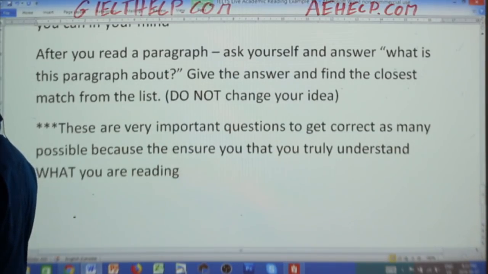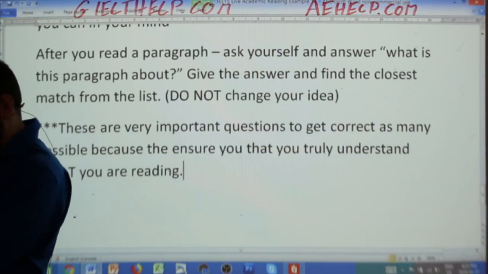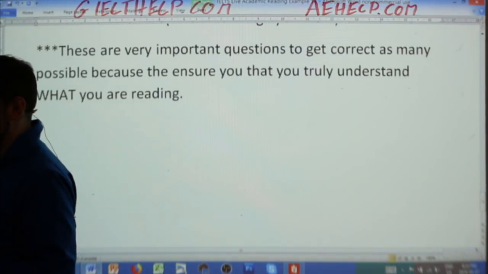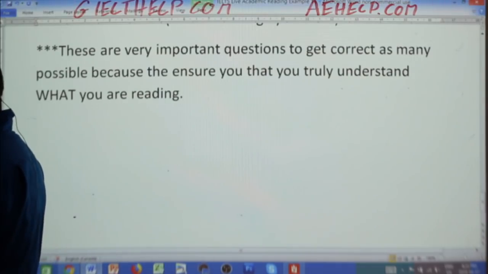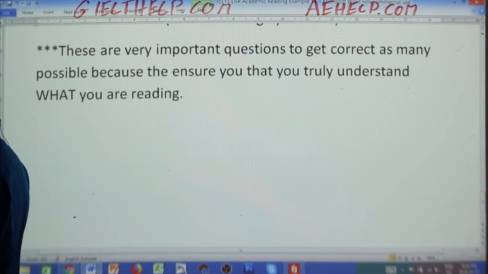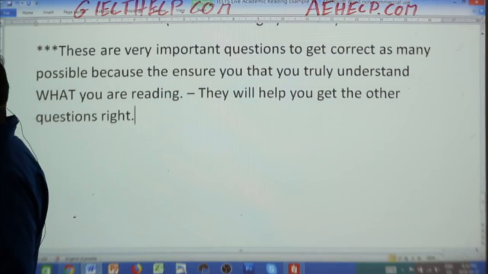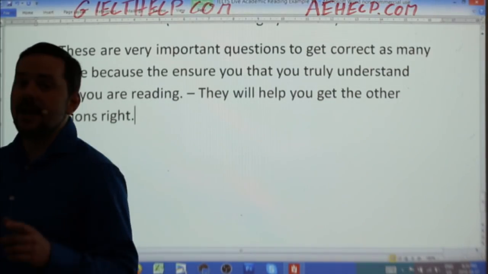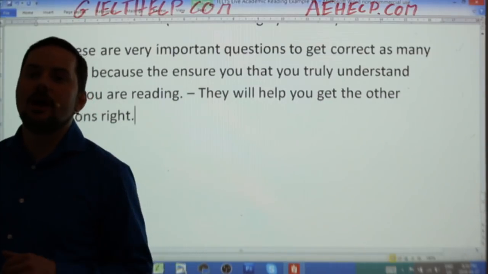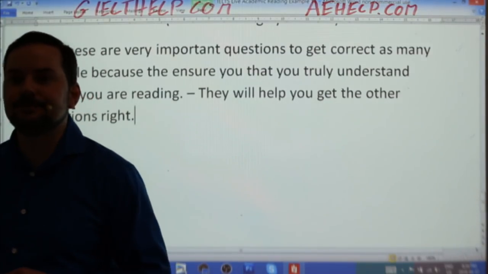If you're getting them wrong, you would have a hard time convincing me that you actually understand what you're reading. So that's why it's so important to get these correct. They will help you with the other questions. All right, so they'll help you get the other questions right and help you to answer them quickly.